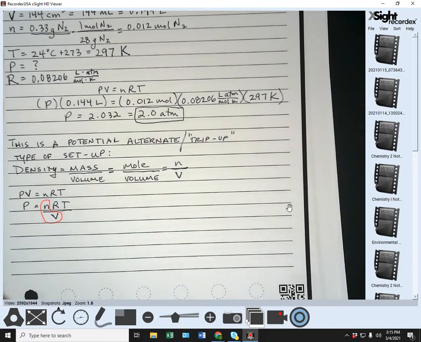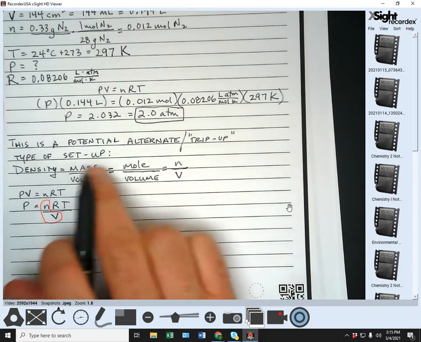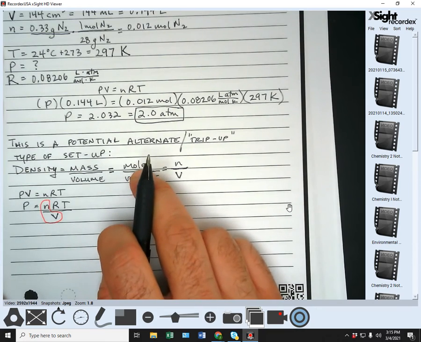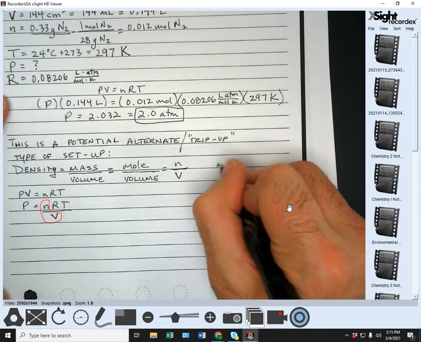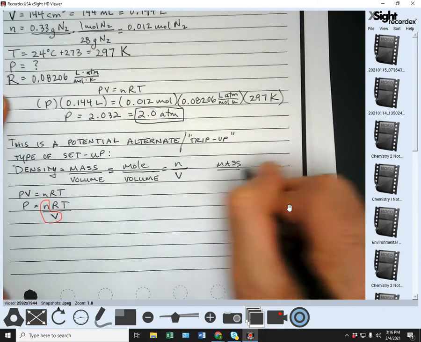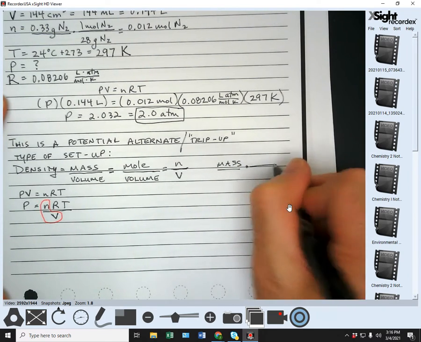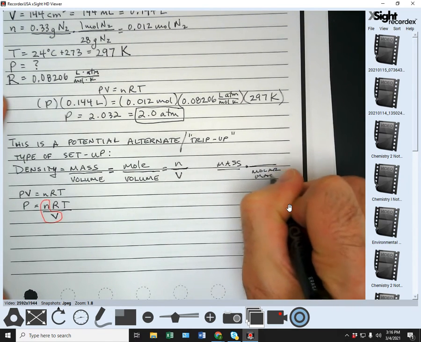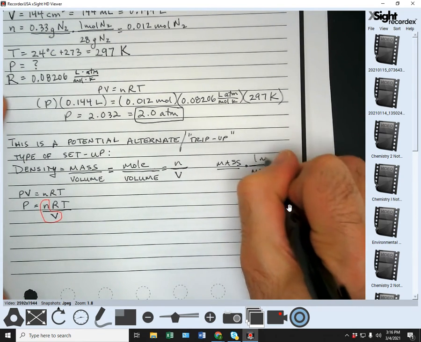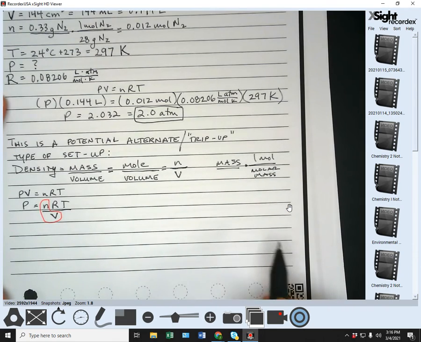And to turn mass to moles, you would take the mass and do molar mass equals 1 mole.